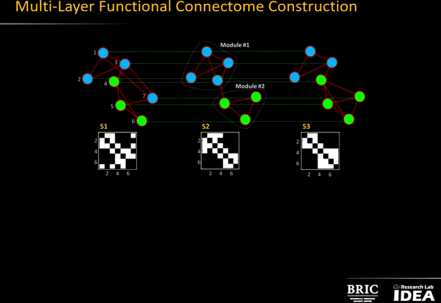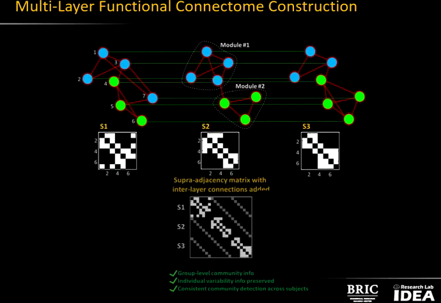So we proposed a method called the multi-layer functional connectome. We create interlayer functional connectivity between respective nodes across different pairs of subjects. For example, these 3 individual functional connectivity matrices can become a very big matrix, which we call the super adjacency matrix.